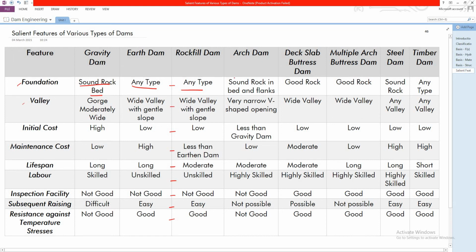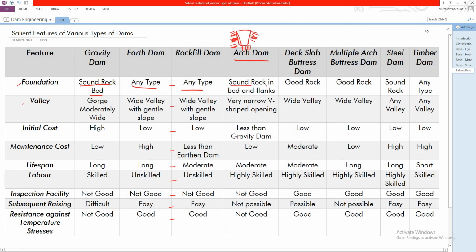And here specifically in arch dam, we are talking about arch action stability. That's why the side flanks are required to be strong. Okay, for example, this is the front view of arch dam. Then the side flanks, the sides of the foundation, are also required to be strong alongside the bottom.